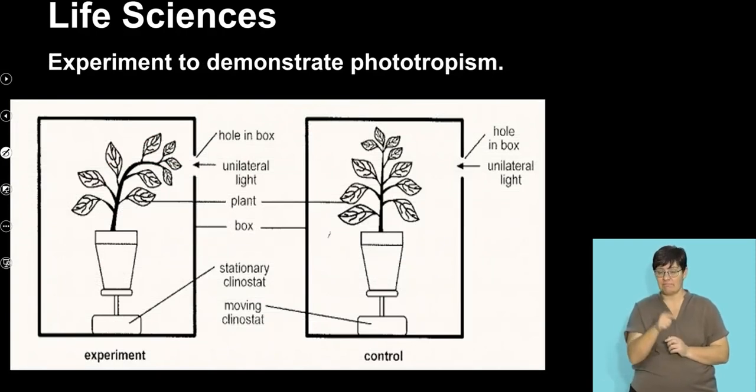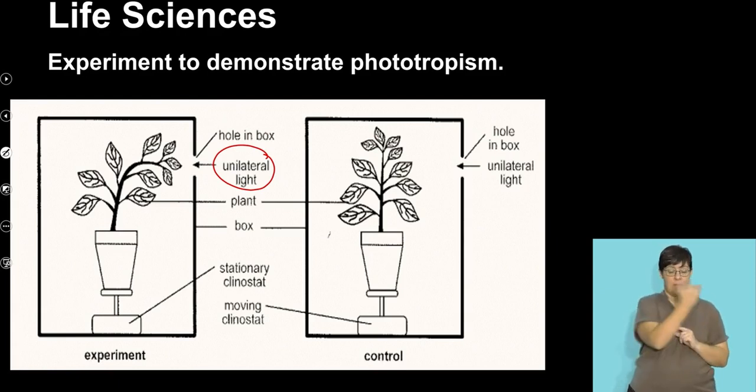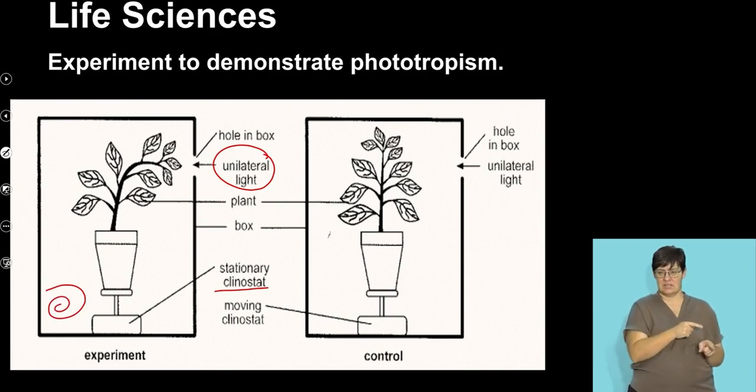So guys, this is a simple experiment showing you what happens when a unilateral light is applied. In this experiment, we've got two plants exactly the same. The only difference is that one is present on a clinostat, and a clinostat is essentially a machine that allows for this to constantly rotate or turn.